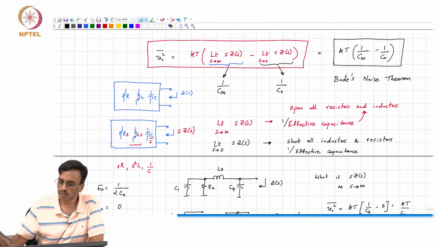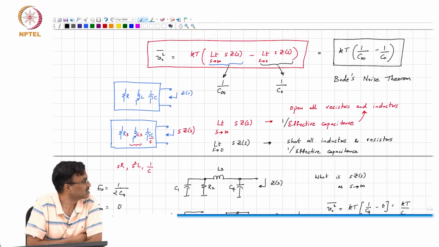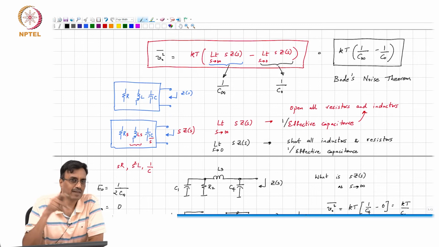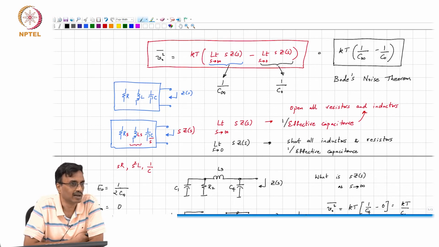What you need to do is the following: to find C infinity, you open up all resistors and inductors. You will get a network with only capacitors. You find the effective capacitance looking in, using all your high school physics. If you have series, parallel, or some combination, you can do whatever you need to do, and that effective capacitance is C infinity. So, limit s tends to infinity s times z of s is 1 over that effective capacitance that you see at infinite frequency.